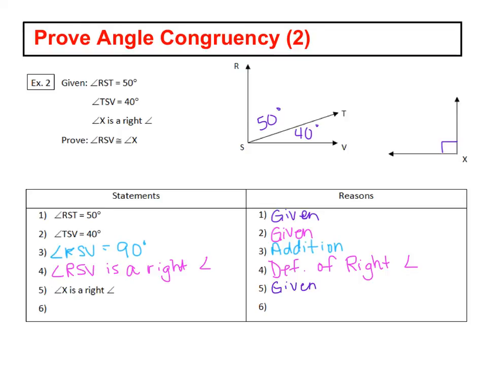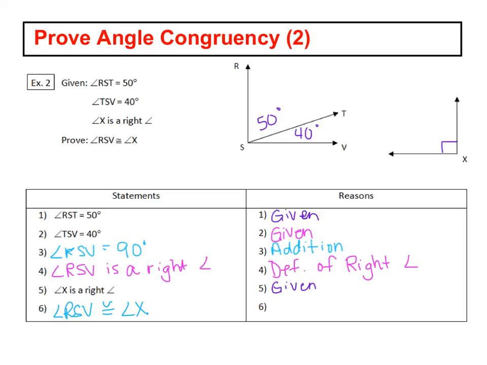All right. So what we have now is you have angle RSV is a right angle and angle X is a right angle. Because those are both right angles, we can say that those are congruent. So next we're going to write in angle RSV is congruent to angle X. And how did we know?